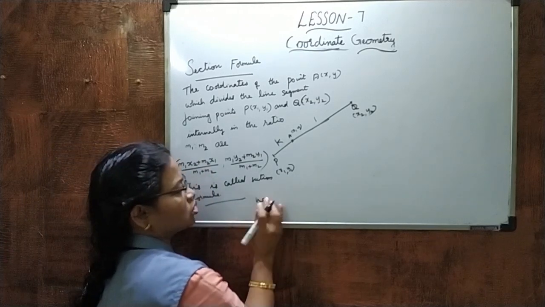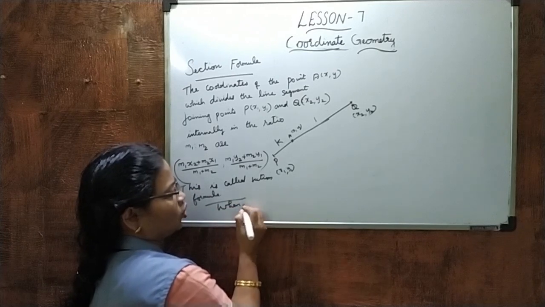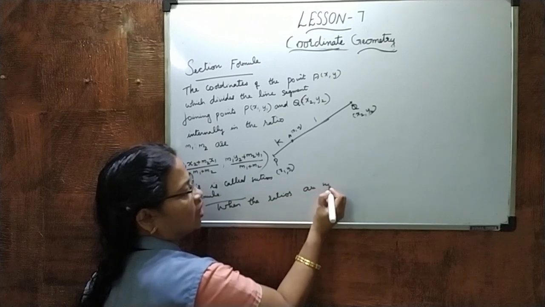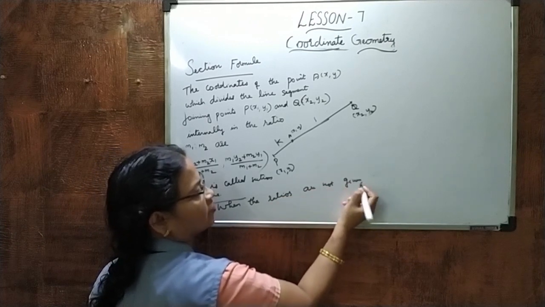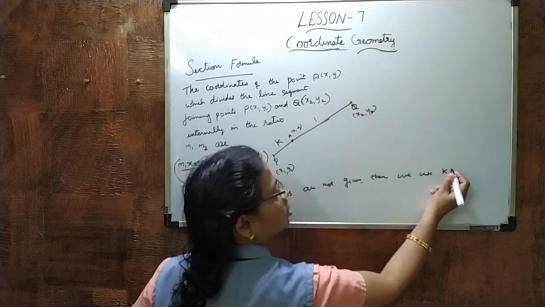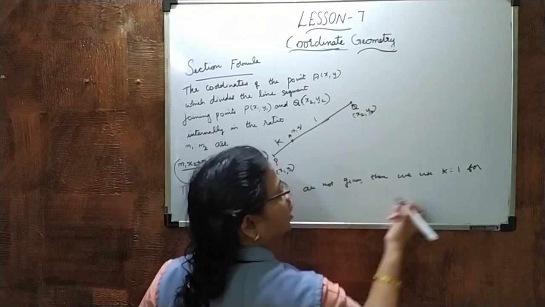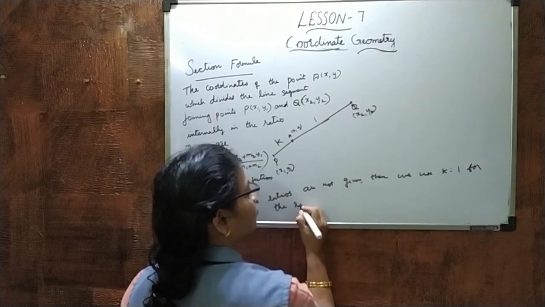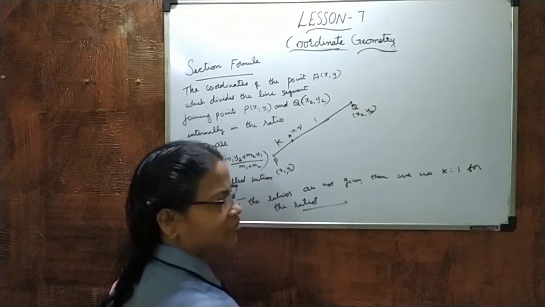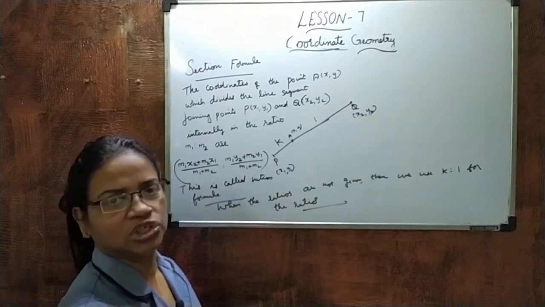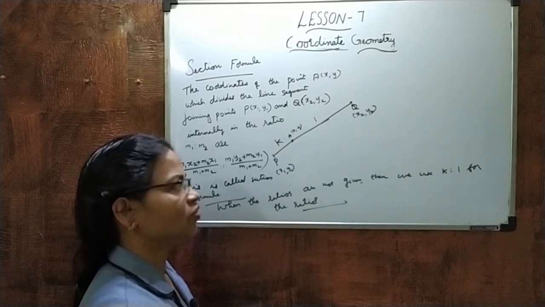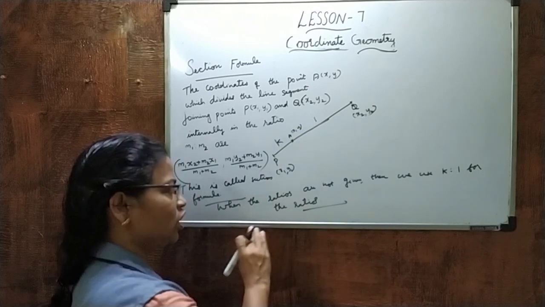So when the ratios are not given, we use k is to 1 for the ratio. That also you have to remember. Clear? Then we can find the value of the ratio when it is not given.